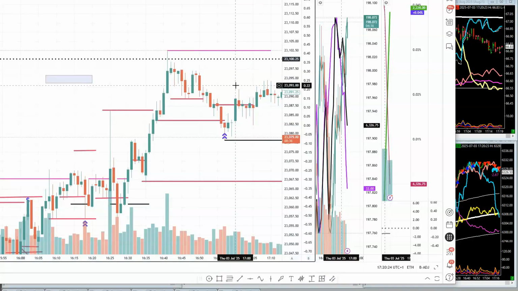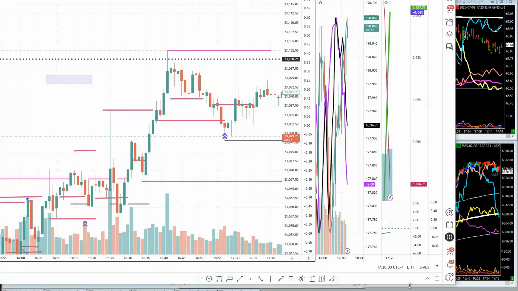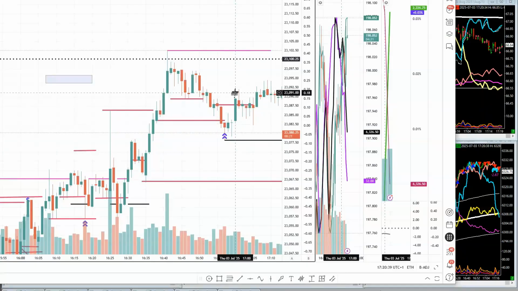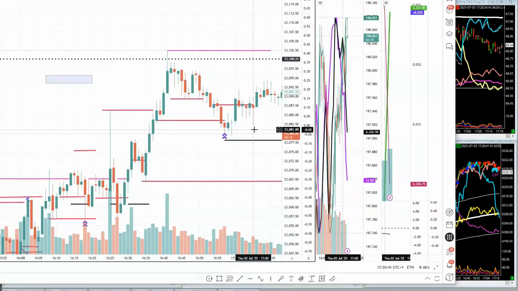did we break that balance and accept above it? Or did we break that balance and accept below it? Well, we broke the balance, but then we accepted below it, right?